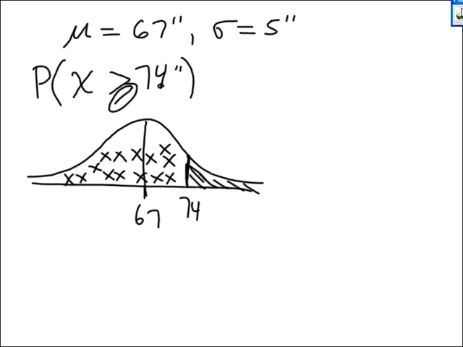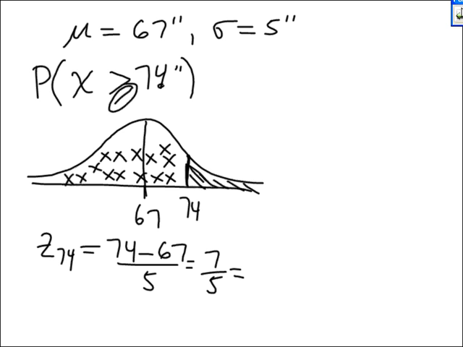I'll find the z-score for 74. I like to write z sub 74, so I know it's the z-score for 74. It's the score, 74, minus the mean over the standard deviation. It's 7 over 5. Personally, how I divide by 5 is I double the top and I double the bottom. And then I say, oh, that's 1.4. Just move the decimal in one place. 1.40.